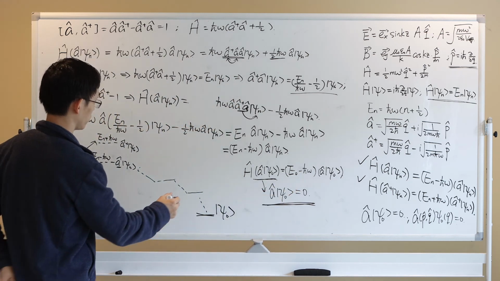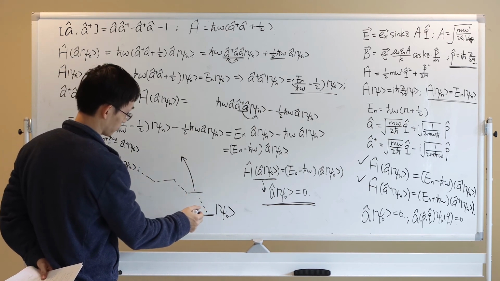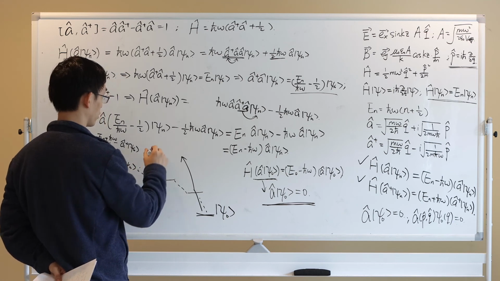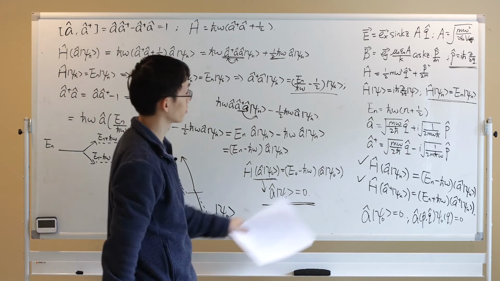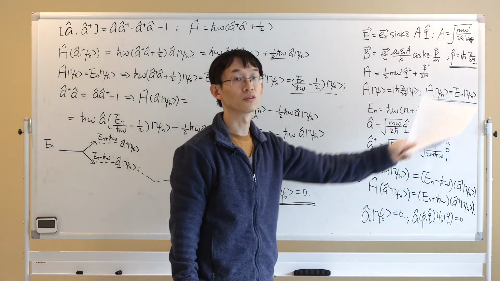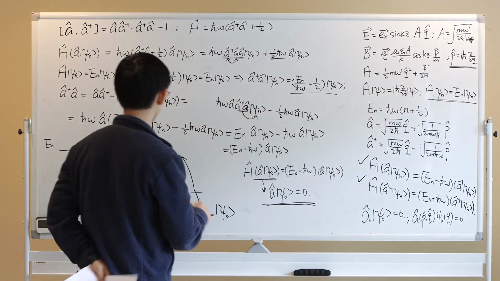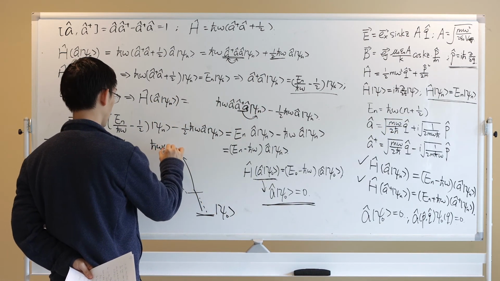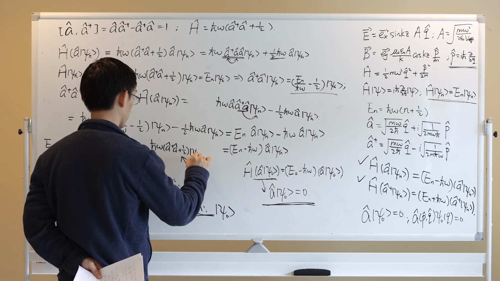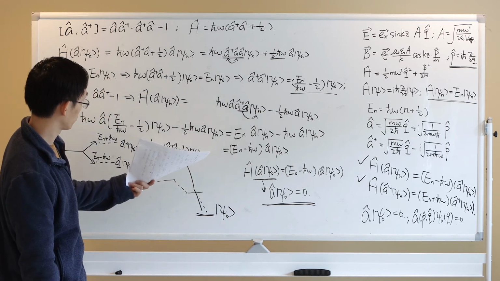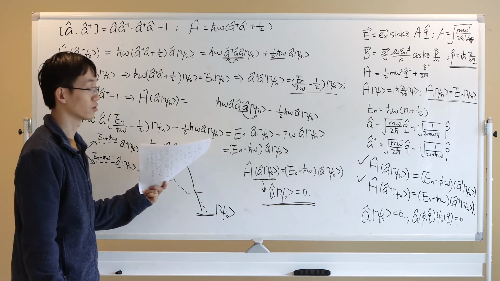Now if you calculate the eigenenergy of the ground state, you have the Hamiltonian act on it, and it gives you a number and your state. So we have ħω(A†A + 1/2) acting on ψ0. The 1/2 ħω is just a number, so that's fine.